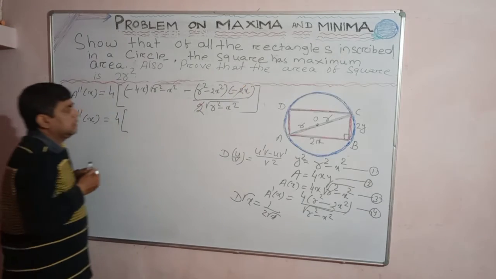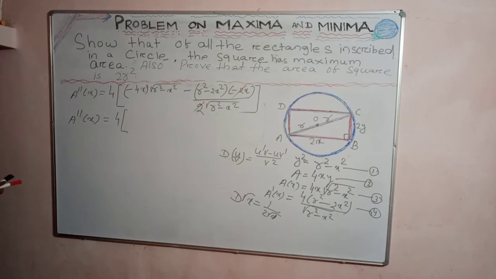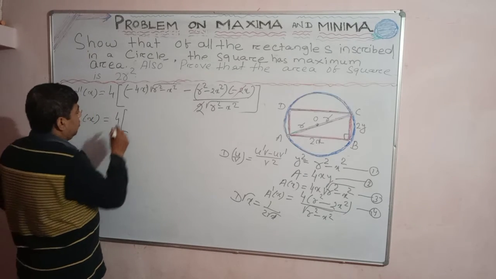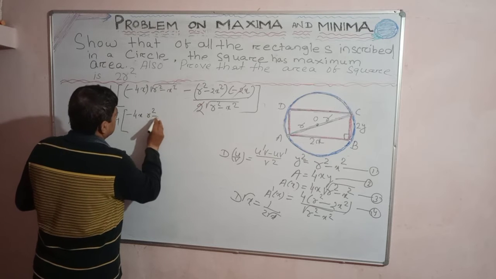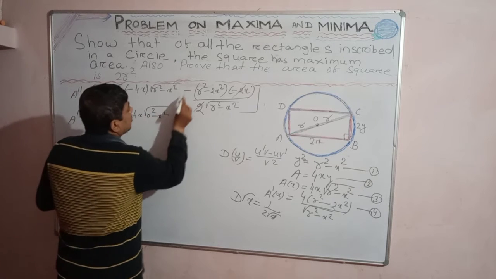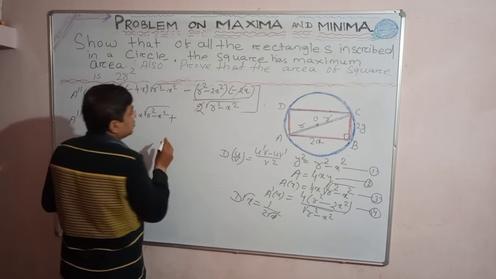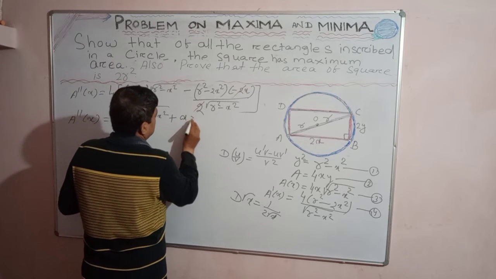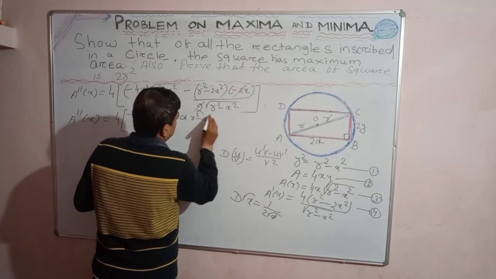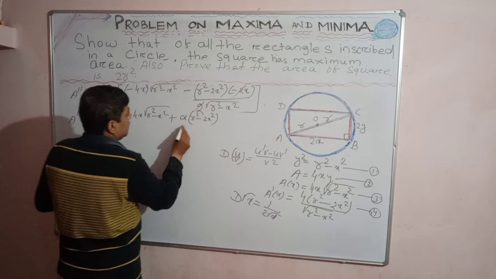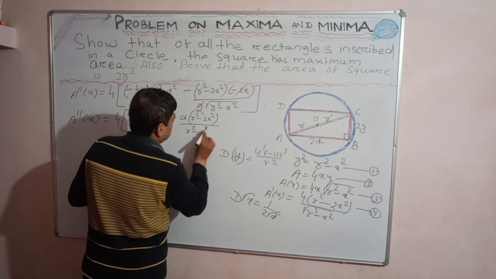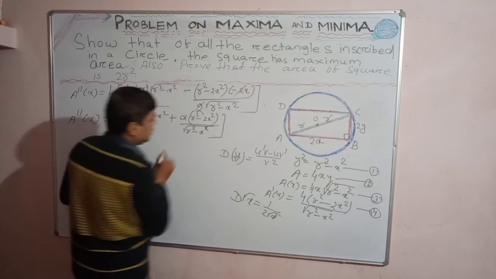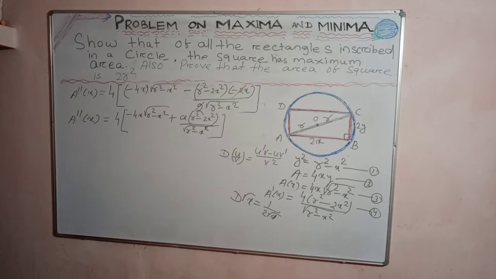And you see now minus 4x whole into r square minus x square, minus multiplied by minus is plus, x whole into r square minus 2x square, divided by root of r square minus x square. Is it clear? Understand?